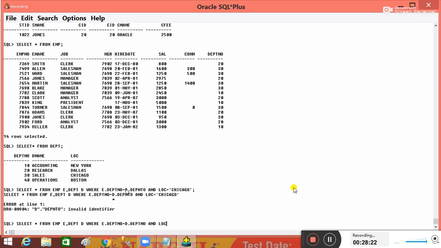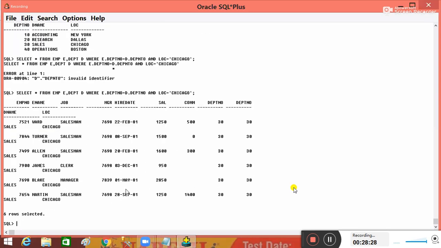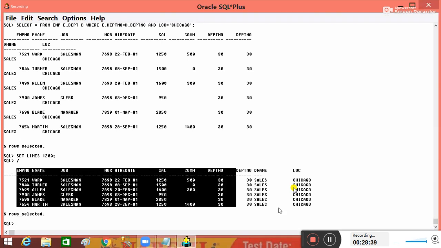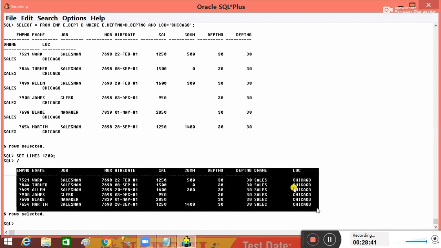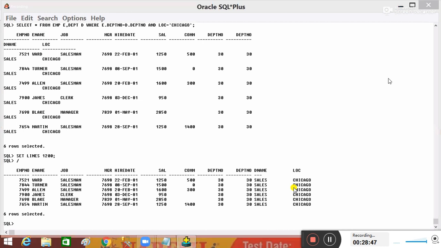The second condition is Chicago. Now to execute, I need to set the lines here. Okay, now let us see what happened. In the Chicago location, the total number of employees working is six, so six employee rows are satisfied.